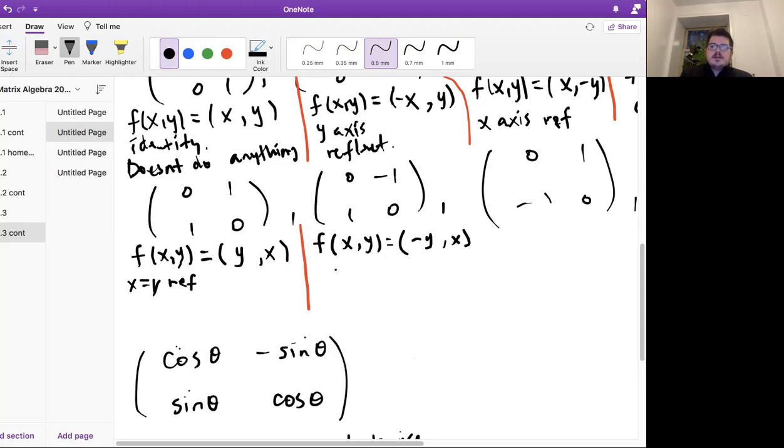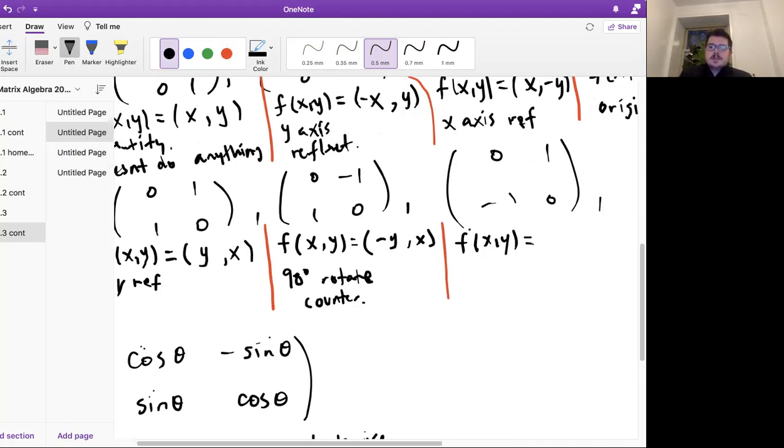Yeah, 90-degree rotation. This is counterclockwise. All right, and I don't think I did this one last time, but this one is clockwise rotation.